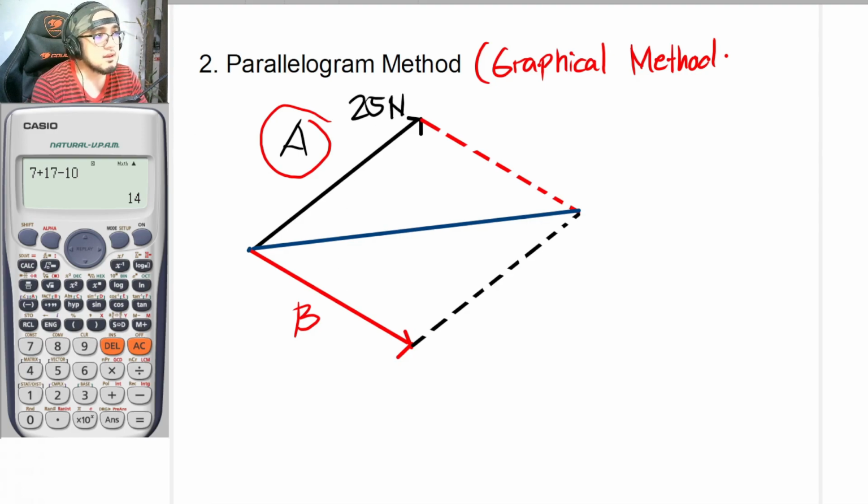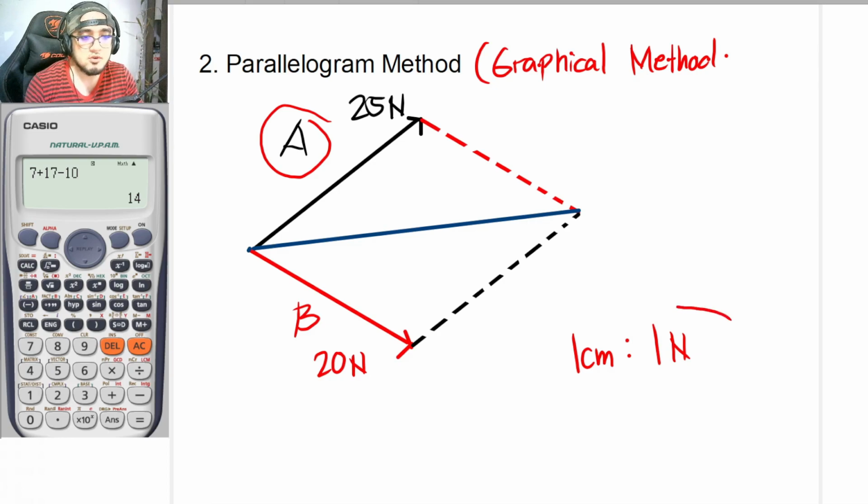And let's say that for this red one here, this is equal to 20 newtons. Okay, so for example, you have chosen a scale that for every 1 centimeter that you draw, that represents 1 newton.